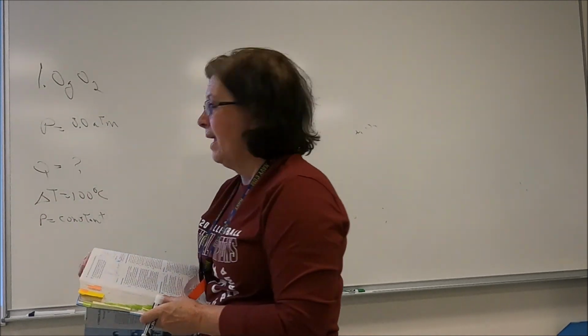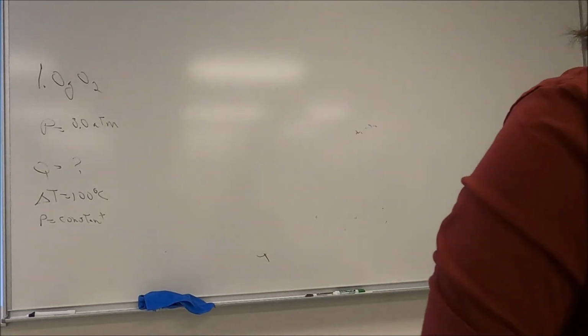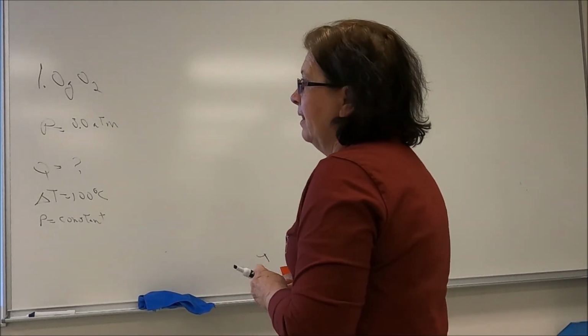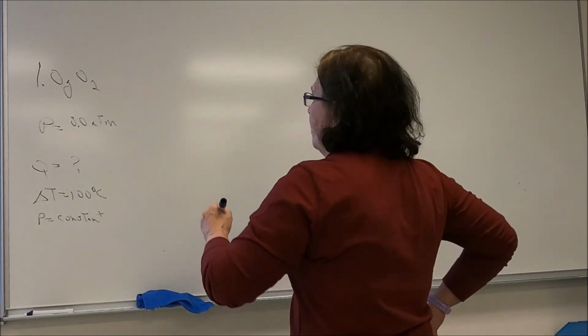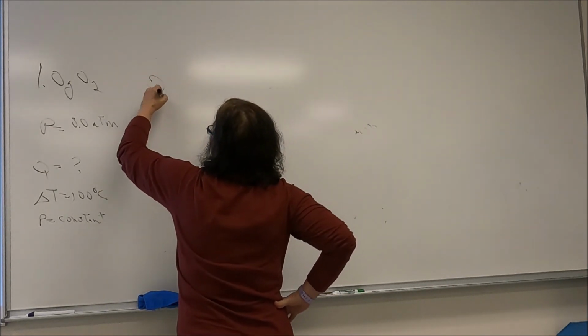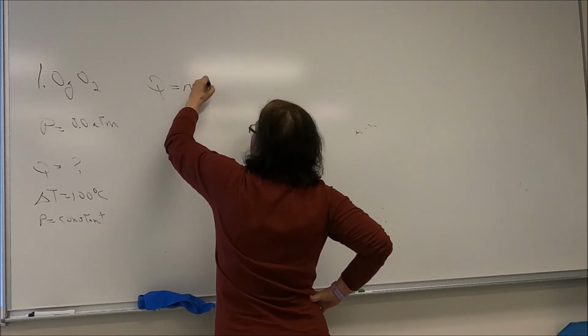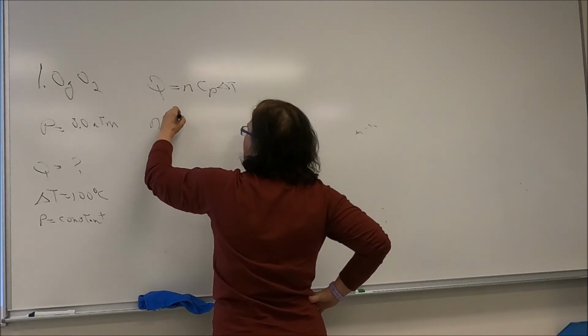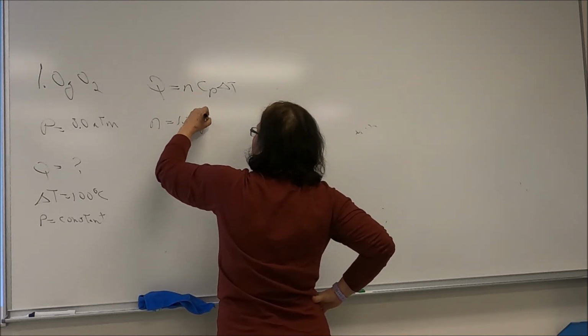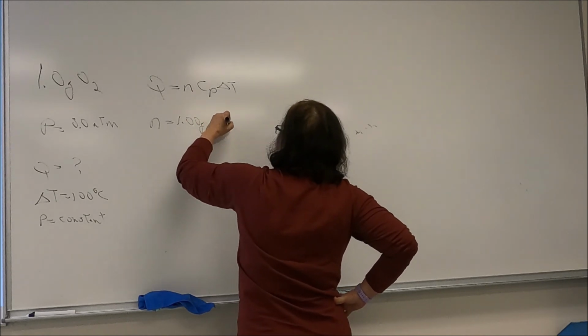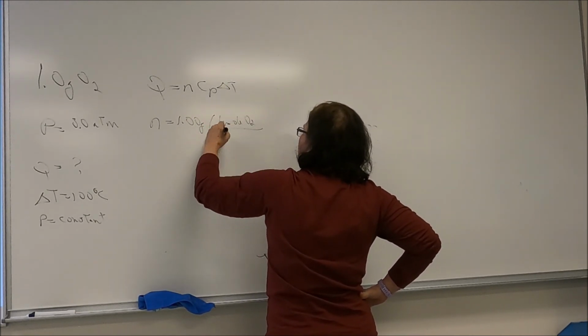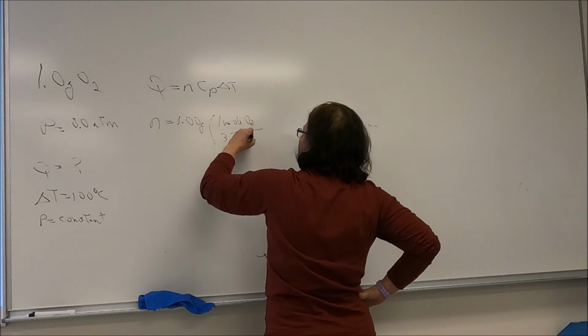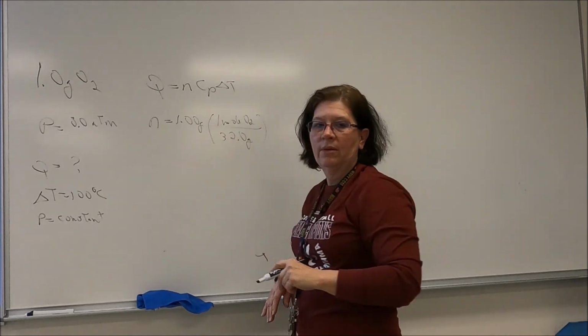I want to find Q when delta T is 100 degrees C and P equals a constant. That's part A. Now, that means that we're dealing with an isobaric process. So Q is going to equal n C_P delta T. To get n, I'm going to go 1.00 grams, and 1 mole of oxygen has a mass of essentially 32 grams.